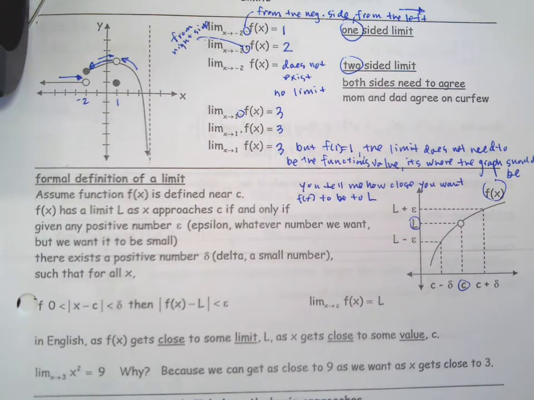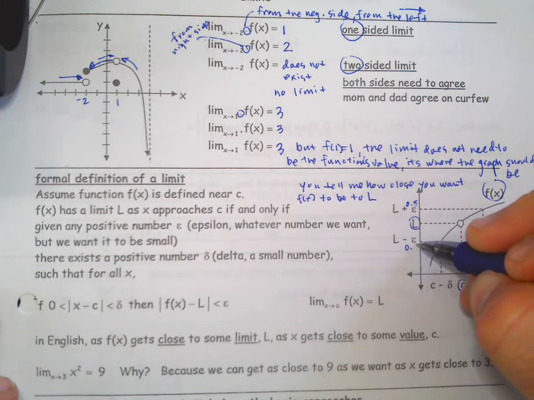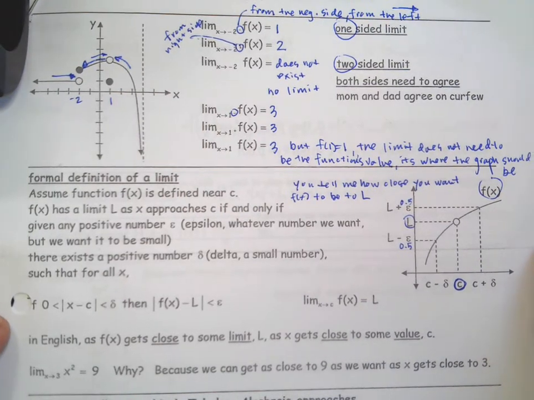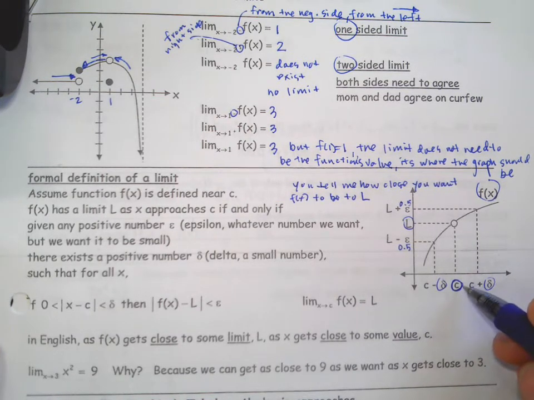How close do you want it? For instance, let's say I want it to be within 0.5 of L. If you tell me that, then I should be able to find a range of x values close to c that will satisfy your desired closeness. I should be able to come up with some delta, plus or minus, of c such that all the values in here will be within 0.5 of L.